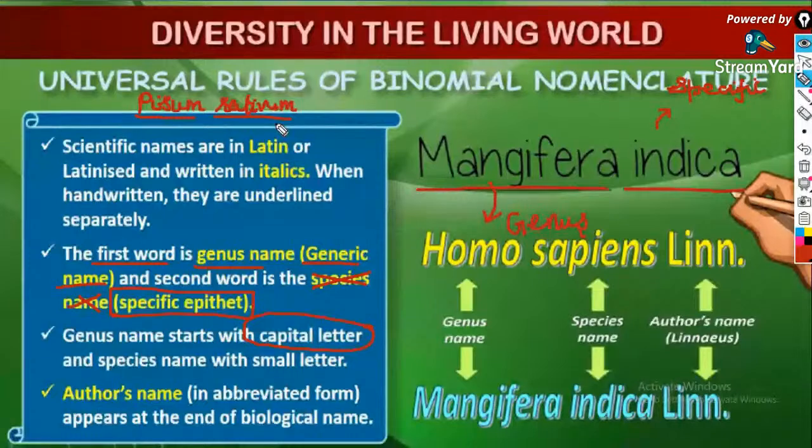The genus name should always start with a capital letter. Look, capital M. The specific epithet should be in small letter. Look, Homo, H capital, sapiens, s small; Mangifera, M capital, indica, i small; Pisum, P capital, sativum, s small. The species name is always in small letter.